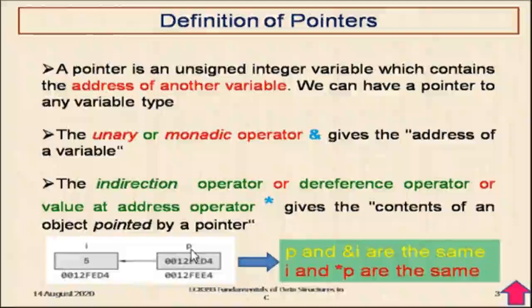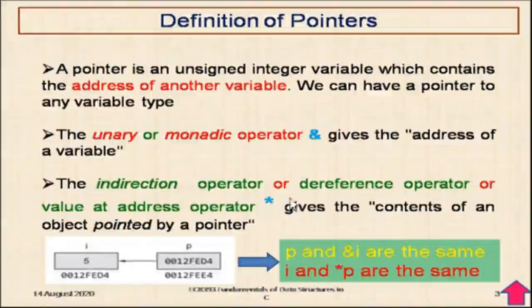So the pointer variable P holds the address of the integer variable I, that is this one, 0012 FE D4, which is stored in the pointer variable P. Of course, the pointer variable itself is assigned some other address, but that's a different story. The pointer variable holds the address of the variable I in this example. You understand? So here you see P. P is the pointer. So in the pointer, what is available? The address is available.